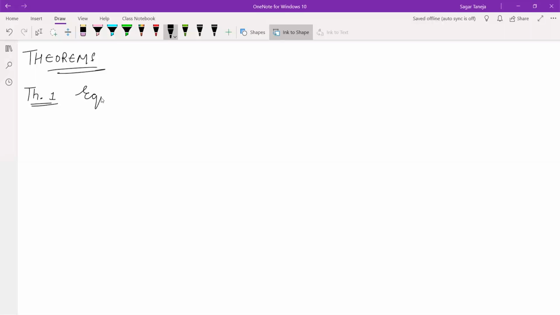Now, these theorems are so important. I am not just saying that a theorem will come in the exam or in the test. Yes, it can come, but my point of view is that theorems are very important to understand the chapter.